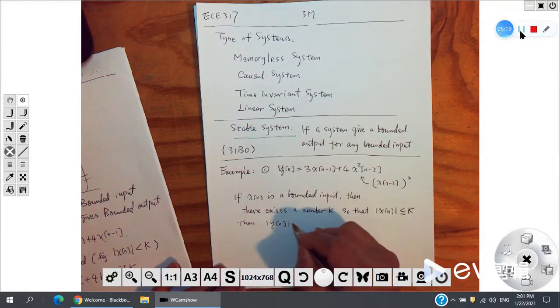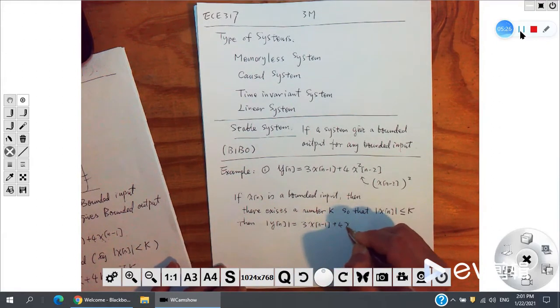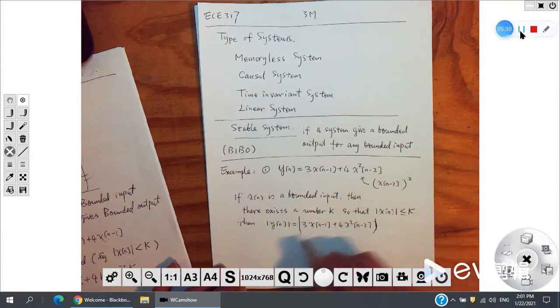What is y? Here we know it is 3 times x of n minus 1 plus 4 times x squared of n minus 2. You take the absolute value of the whole thing.